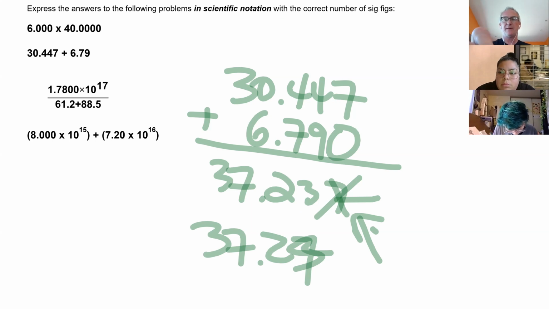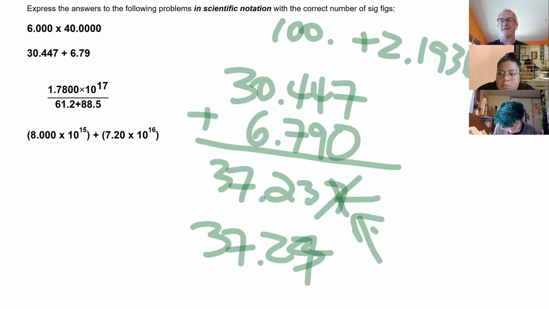Let's say I have 100 and I add to that 2.1936. Well, that's all kind of wasted, because with my 100, I don't know what comes after it. So basically my answer is 102, because I don't know what any of these other numbers will be. So it's not quite the same thing.